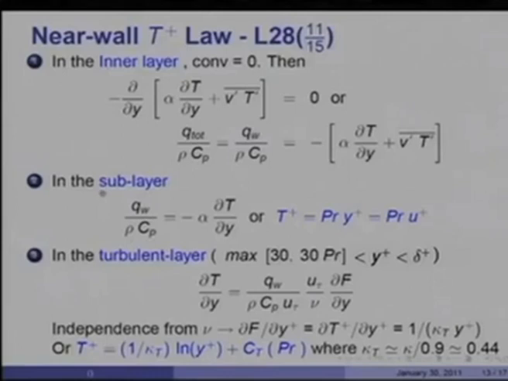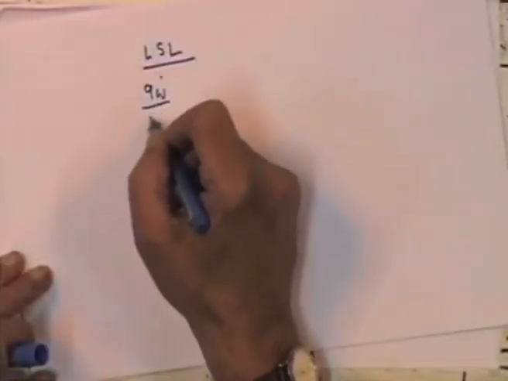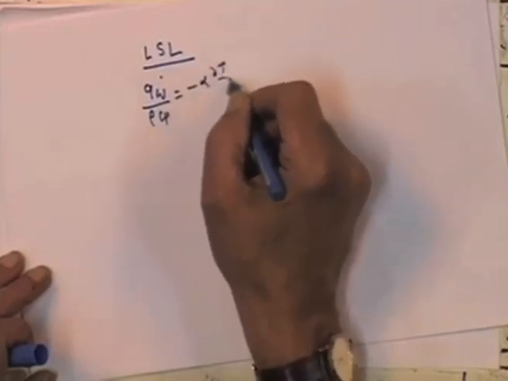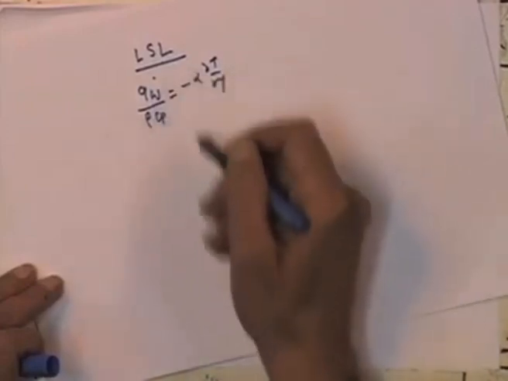In the laminar sublayer, Q wall over rho Cp would be equal to minus alpha dT by dy, and Q wall is constant.